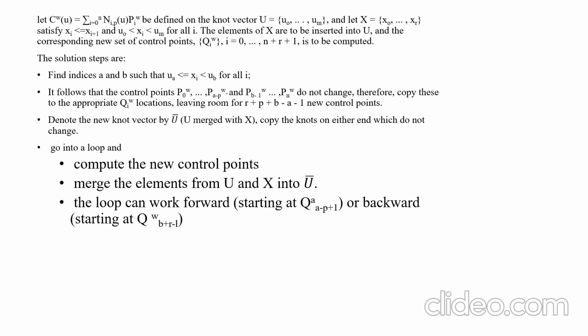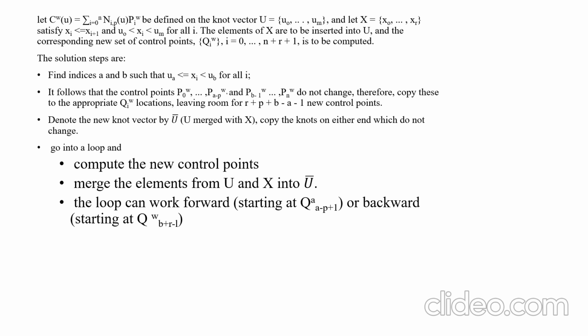So here this is simply a curve which is defined on the knot vector U, and we are taking another knot vector X which satisfies both conditions, that is xi <= xi+1 and u0 < xi < um for all i. So the problem is we have to insert the elements of X into U, and the corresponding new set of control points, that is Qi^w for i = 0 to n + r + 1, is to be computed.